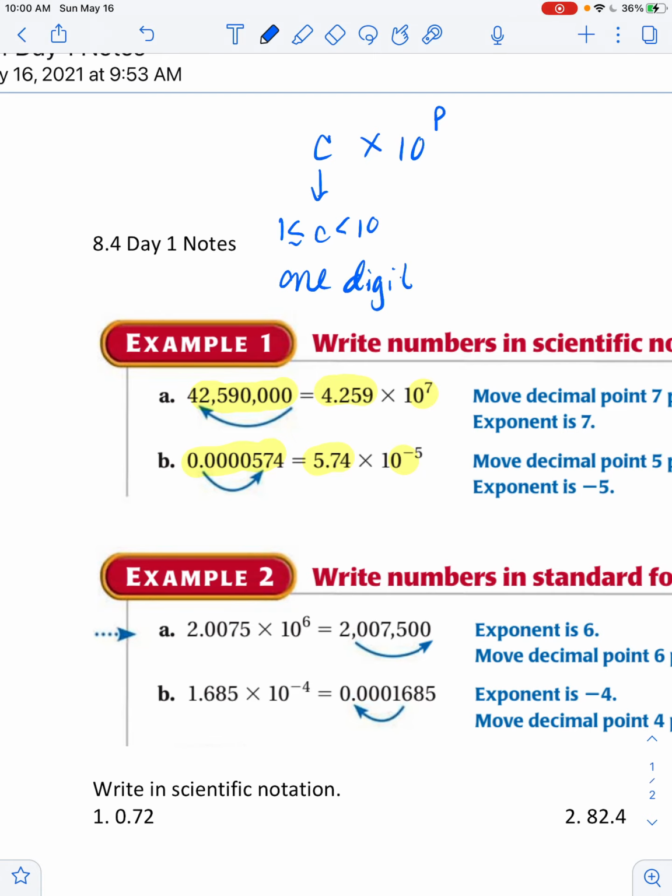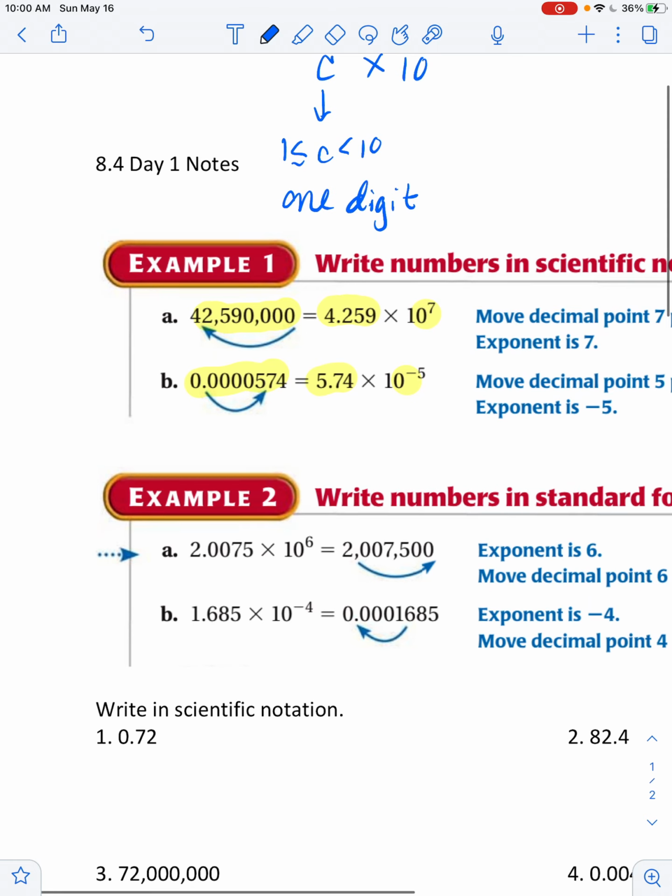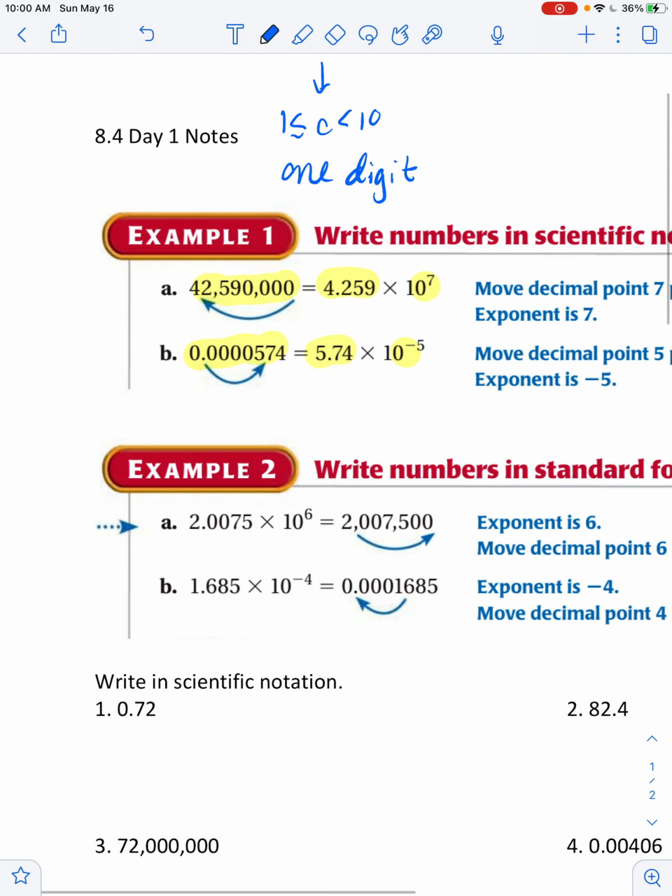So in this case, you have to place the decimal so that there will only be one digit to the left. In my case, in this first example, that's why they chose the 4 and then put the decimal, because 4 is a constant between 1 and 10, and it's only one digit. So the location of the decimal for scientific notation is going to be here.